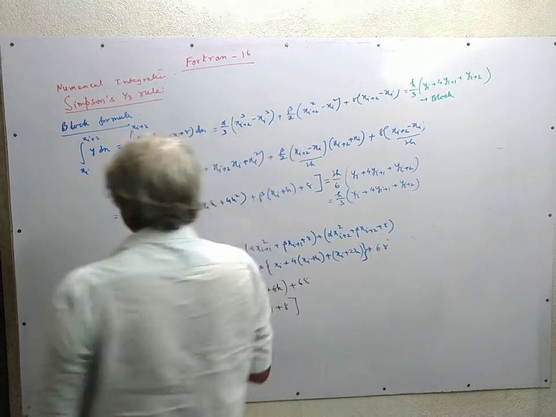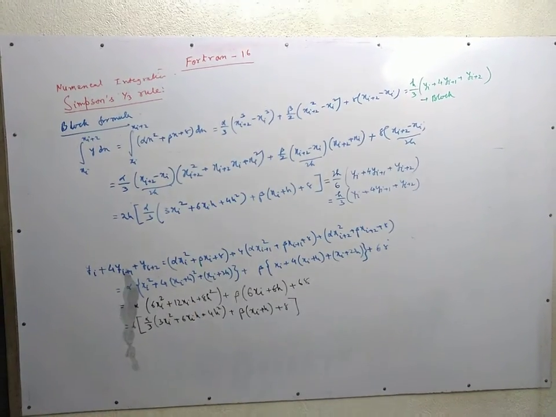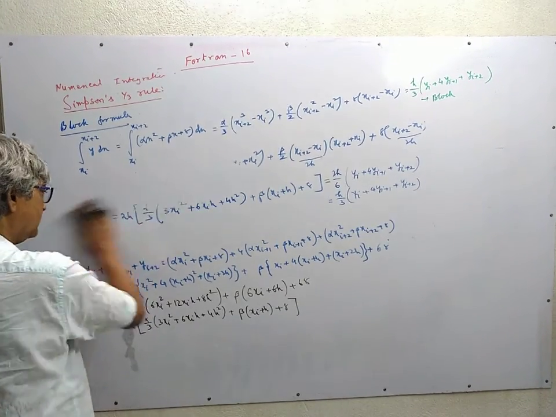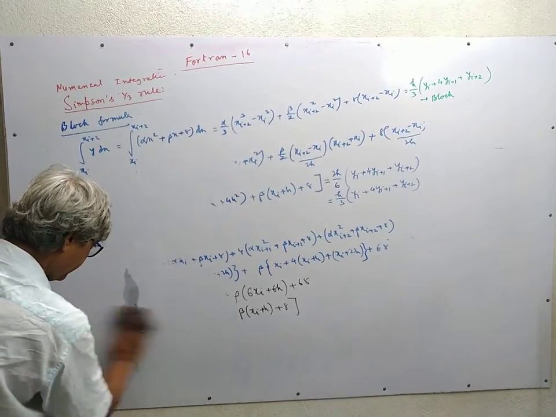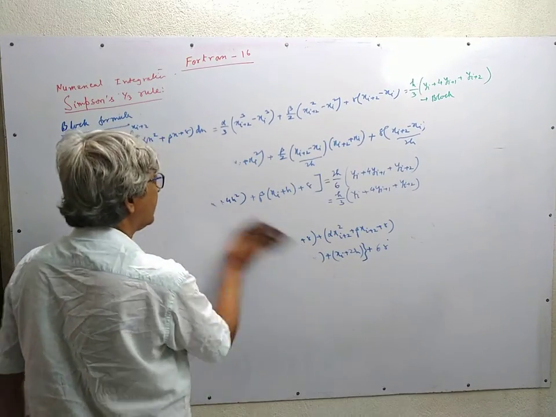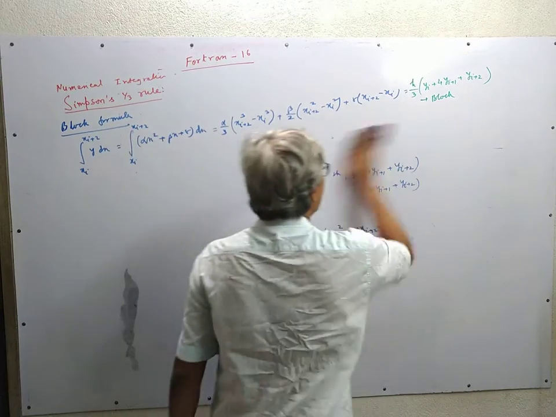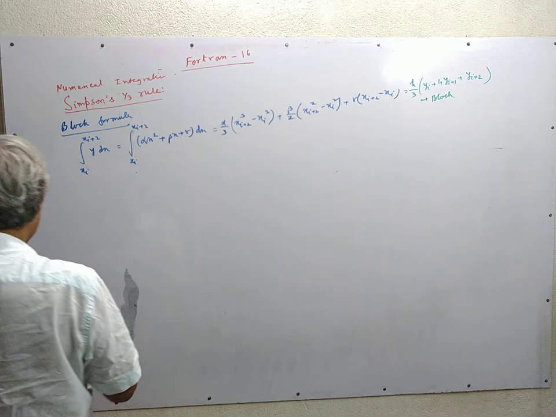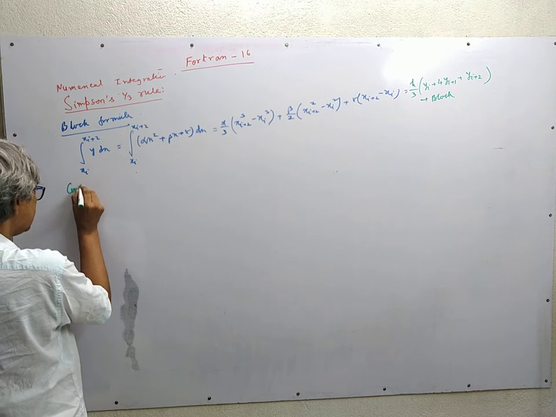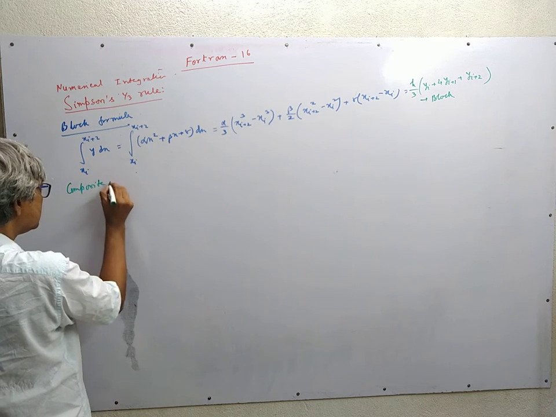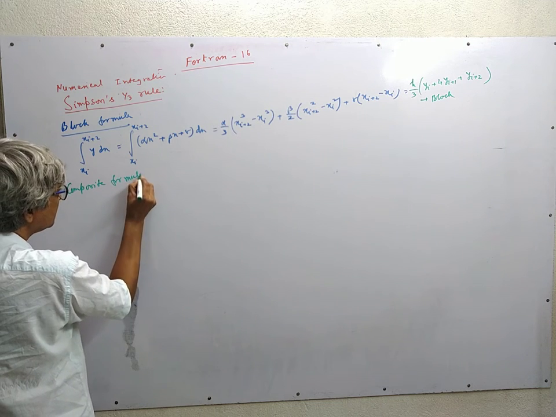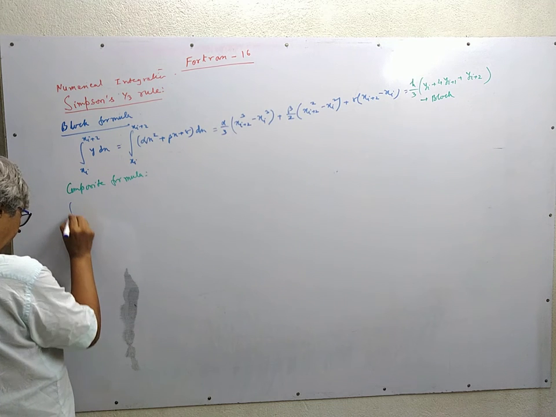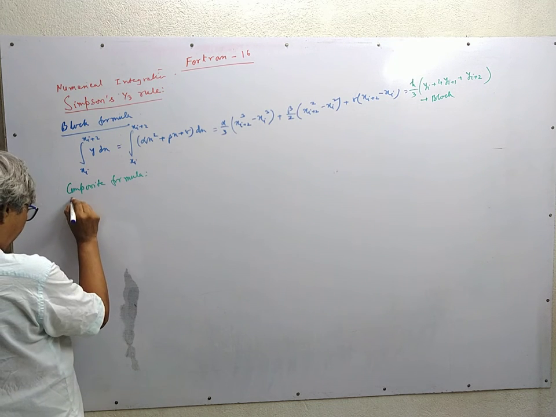Now coming to the composite formula. In the composite formula, we divide the integration, we write the integration from x0 to xn.